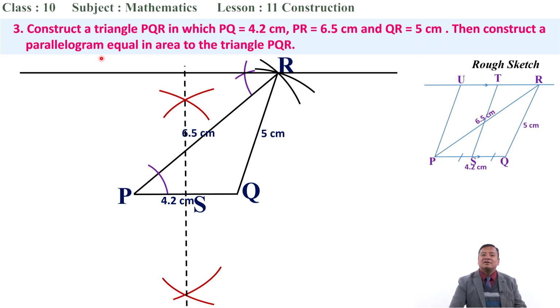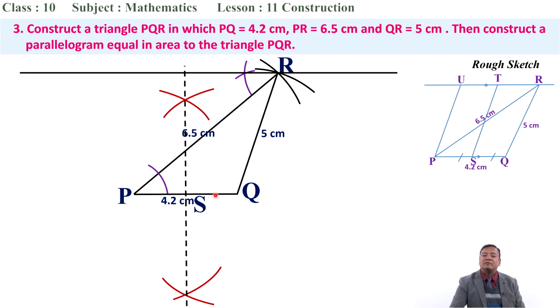Yes, there is no side or angle of the parallelogram given here. So if this type of problem is given, then we can make the parallelogram of any side and angles, right? But it must be on half base of this PQ, that is on PS or on QS.